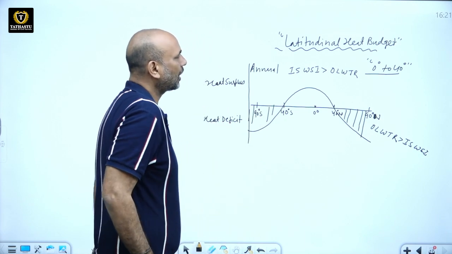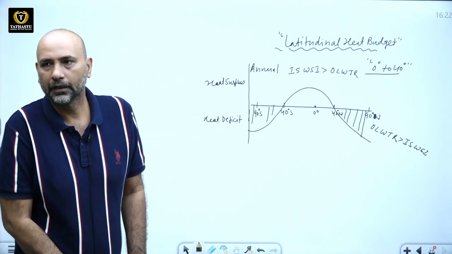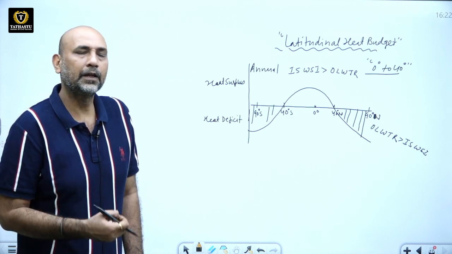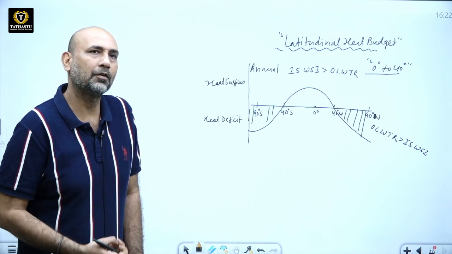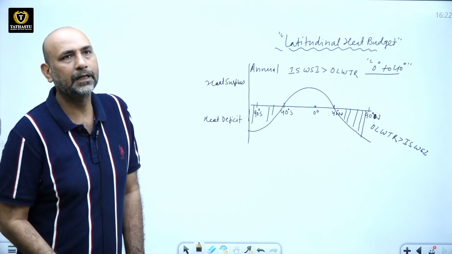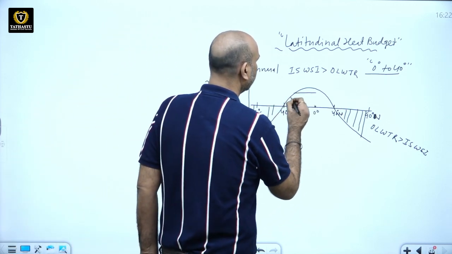Annual incoming short wave solar insolation exceed outgoing long wave terrestrial radiation. So if inflow of heat exceed outflow of heat, inflow of energy exceed outflow of energy, so there is going to be heat surplus. So here we have heat surplus.